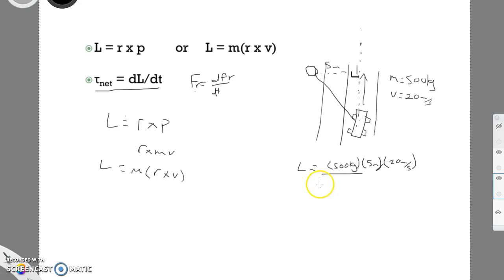Which gives us an angular momentum of 50,000 kilogram meters squared per second. And the fact is that we can find angular momentum like this around any point. What's going to matter is later when we compare these and when we find changes in it.